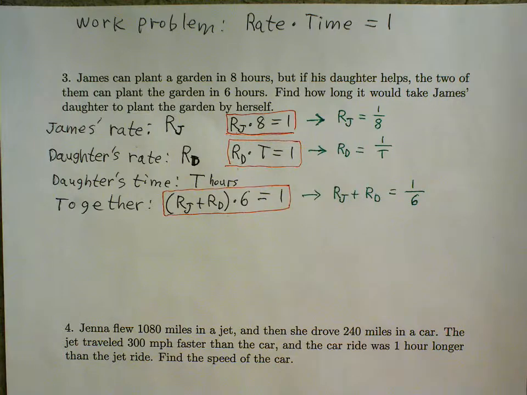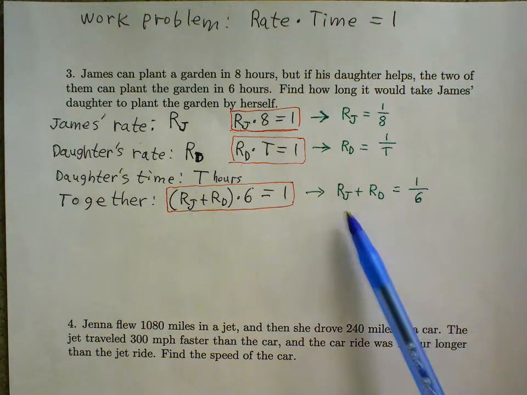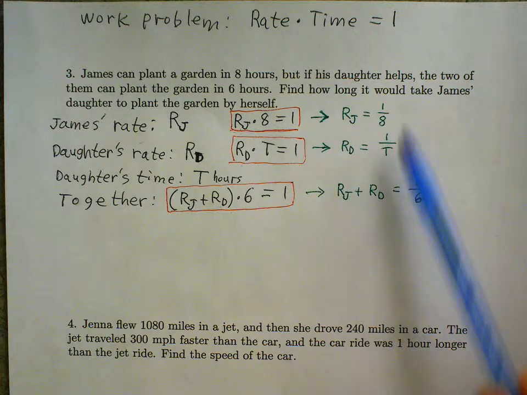Okay, the next equation that we write down will be the equation whose only variable is t. So in the bottom equation, we're going to replace James's rate with 1 over 8.